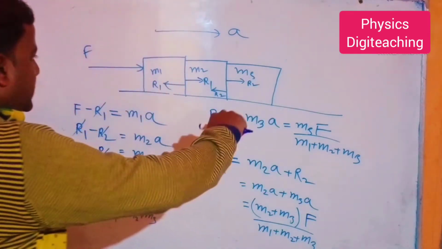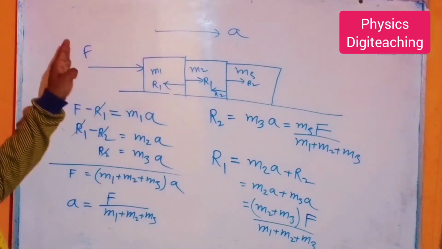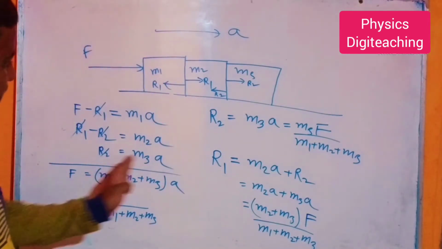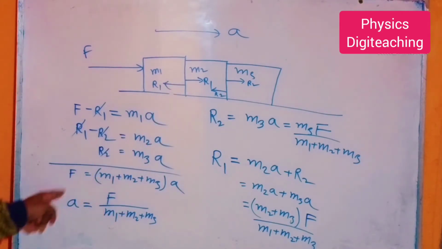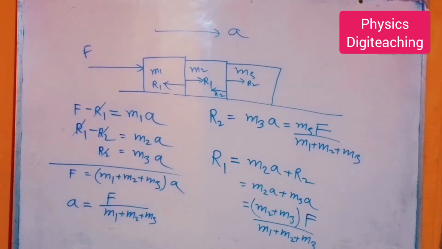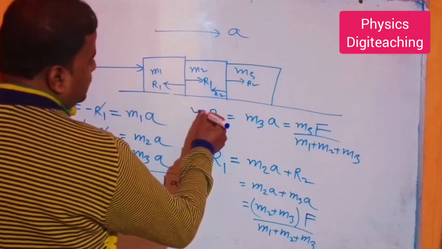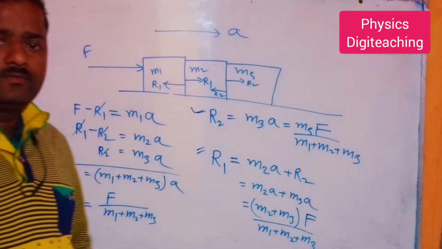The total system moves with acceleration A, and we set up three equations for the three bodies and solve them. We get the total acceleration A equals F by M1 plus M2 plus M3, and also the contact forces R1 and R2.